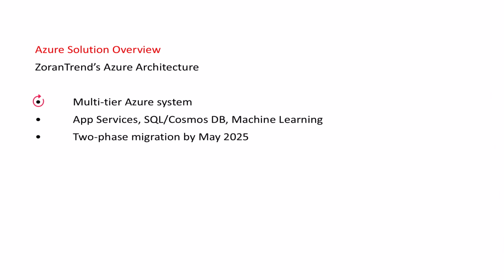Solution: develop an Azure-based system to replace Zoran Trend Retail's outdated infrastructure, achieving 99.9% uptime using geo-replicated SQL database and Cosmos DB with multi-availability zone app services, reducing app latency below 300 milliseconds, and AI inference below 200 milliseconds via 10 App Service instances and Azure Functions, scaling to 1 million requests per hour with sharded Cosmos DB, 10,000 IOPS, and delivering 5 recommendations per user with 80% relevance using Databricks and Azure Machine Learning, all for $180,000 annually.